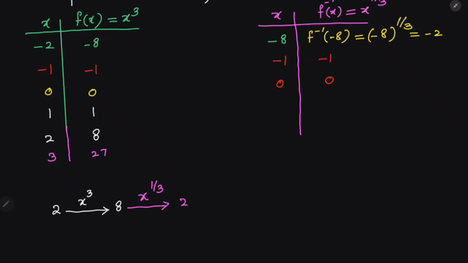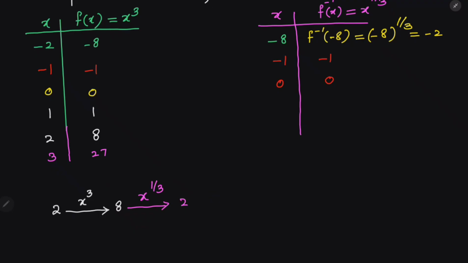So it means that x cube and x to the power 1 by 3 are inverse to each other. This is f and this is f inverse, so we get 2.